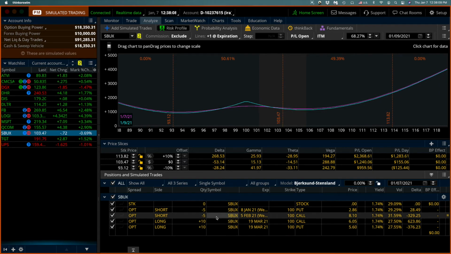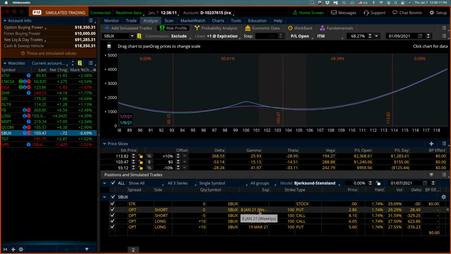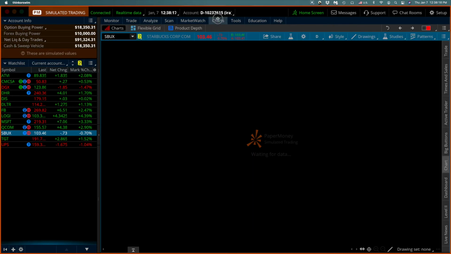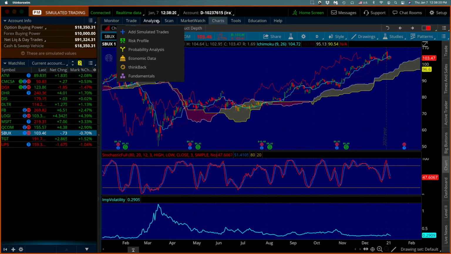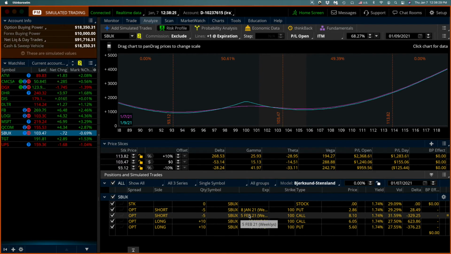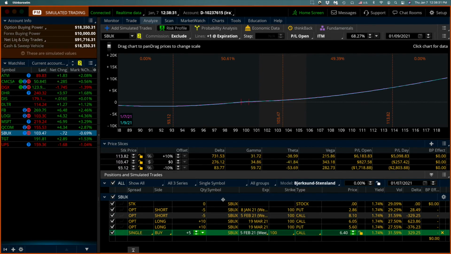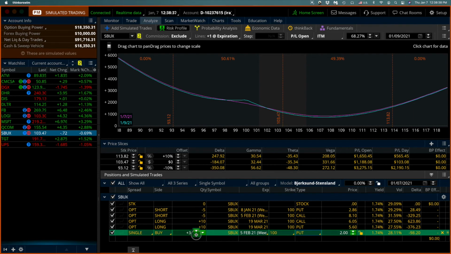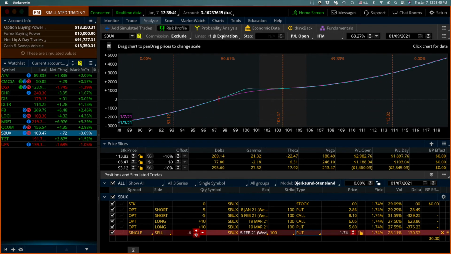Facebook, I have my put expiring tomorrow, and it's at 103. Okay, I'm concerned that the stock might want to go down. But what one could do would be to sell the February puts. Not calls, puts. And sell. Like that.